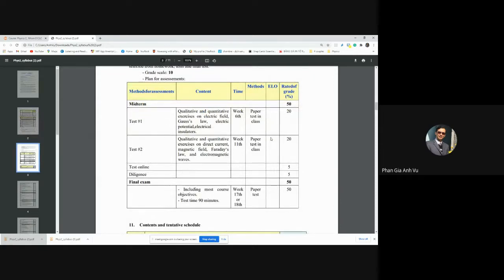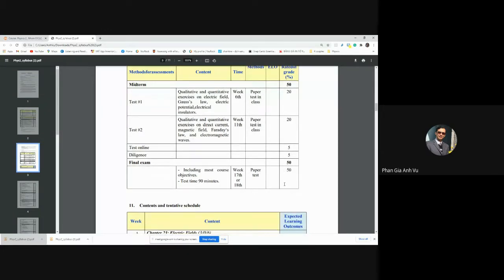This is the percentage of the score, but it is a little bit modified, as I told you before. The percentages of the midterm and the final exam are the same, 50% and 50%.